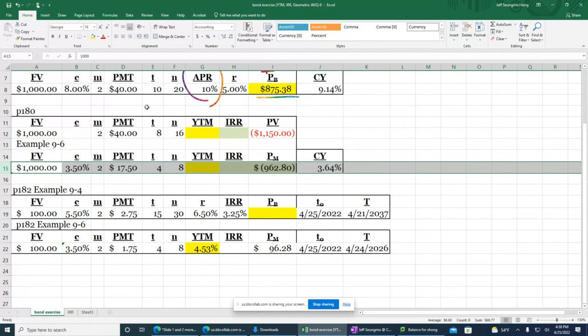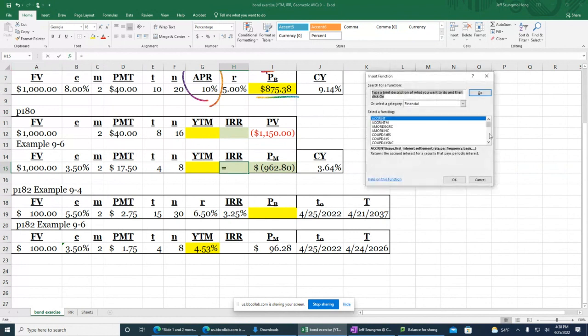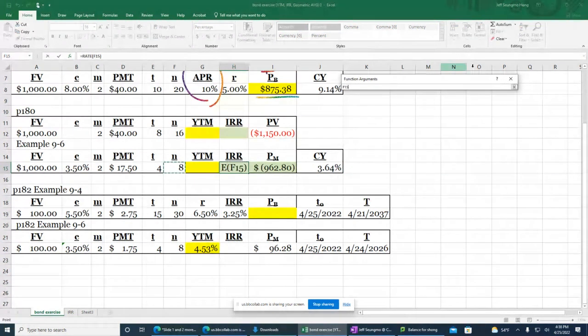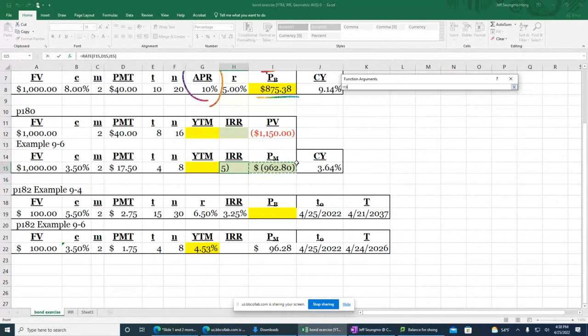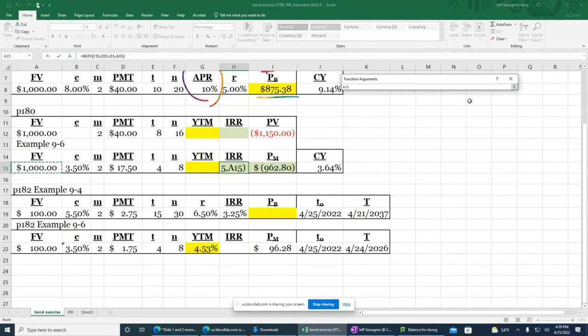Now, if this is the case, then we will need to solve for the half-year rate first. Because you all know you can use the rate command, right? In annuities, we used the rate command. So if you use the rate command, first, N, the periods, 8, payment, there you go. Present value, this is the present value. Now it goes in as negative. Future value, that's the future value.